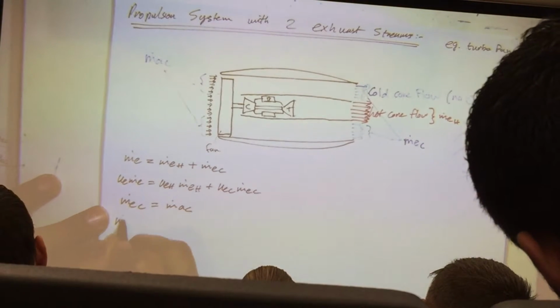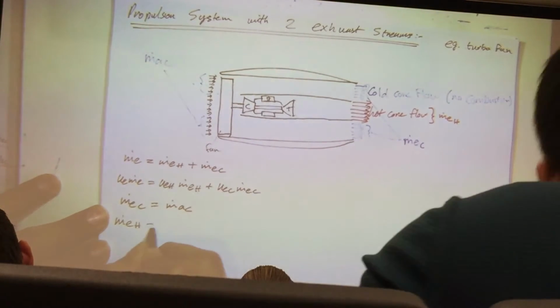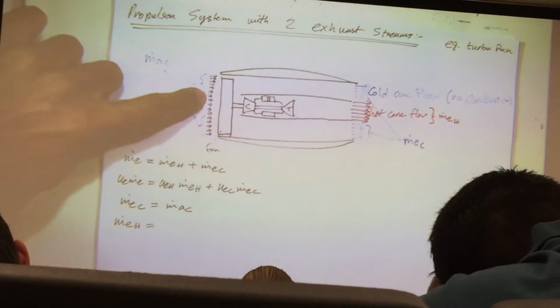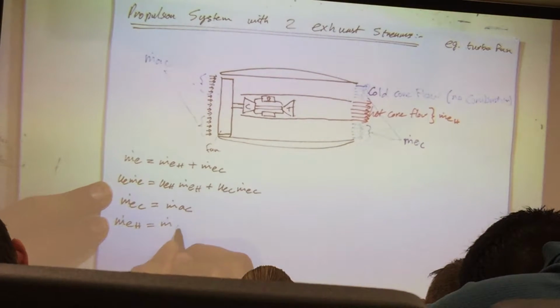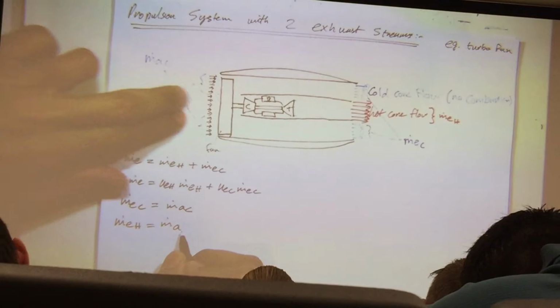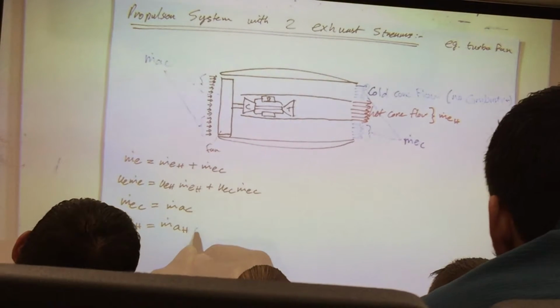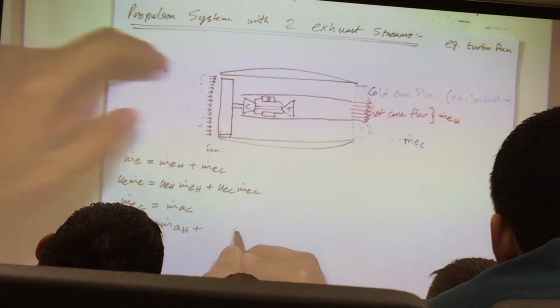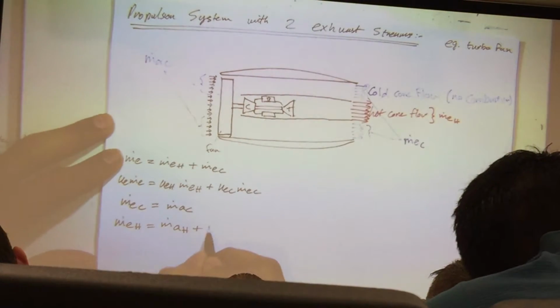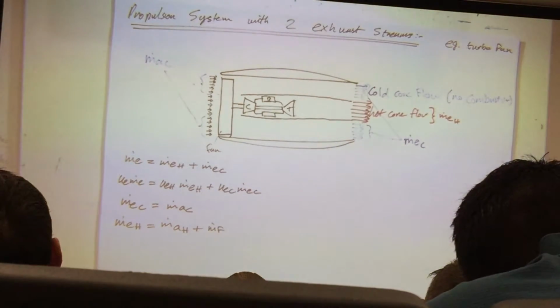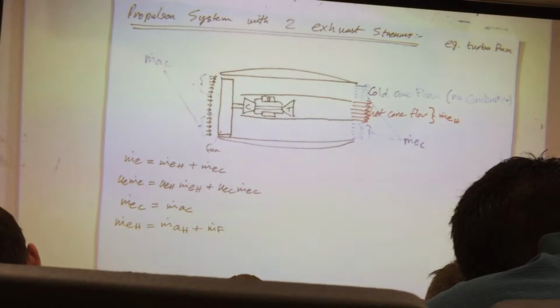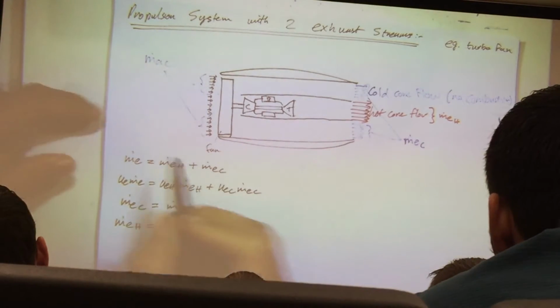So m dot exit hot is equal to m dot inlet for the hot section plus the fuel that I'm routing in there, so m dot fuel. So let me draw m dot hot.